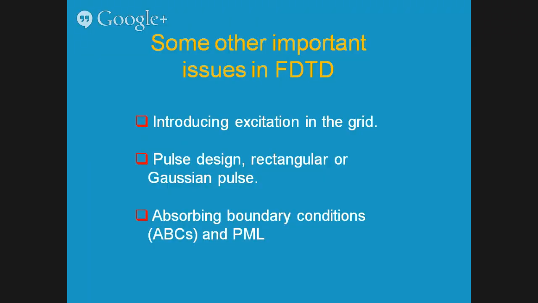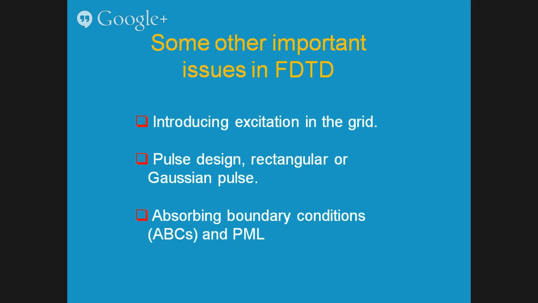Now there are some other important issues which we couldn't address here, because I have been talking about only the basics of FDTD. So we have not introduced the excitation in the grid. There has to be excitation.